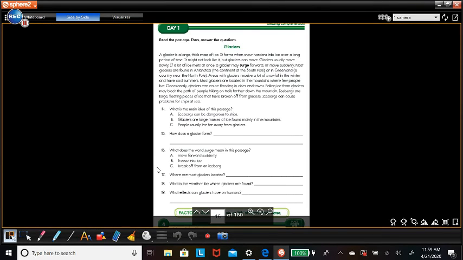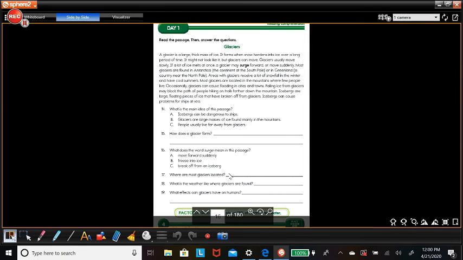Let's go back. Question number 16 is an ABC option. Pick the best answer. It's asking you what a word means. Go back and read the section where you find the word to see if you can figure out its meaning. And then question 17, where are most glaciers located?